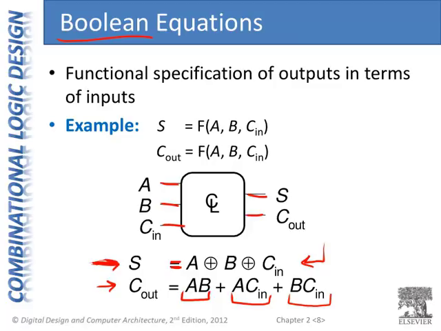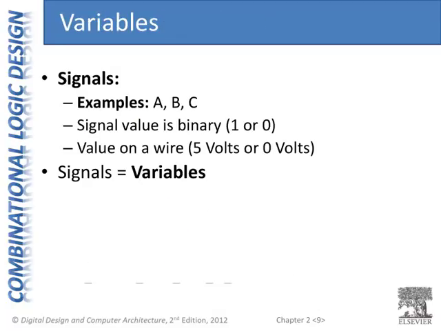So let's talk about some definitions here before we dive into what the methodology is for specifying these equations. So first of all, we're going to talk about variables or signals. So the example we had before with A, B, and C in, we can have some signals, A, B, and C, as written here, and the value of those signals, well, it's a binary system, so the value is either 1 or 0. So A can have the value 1 or 0.